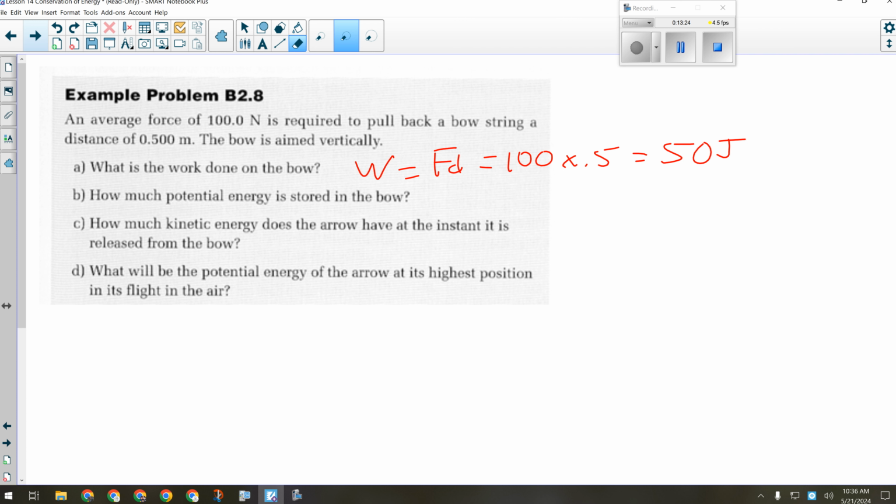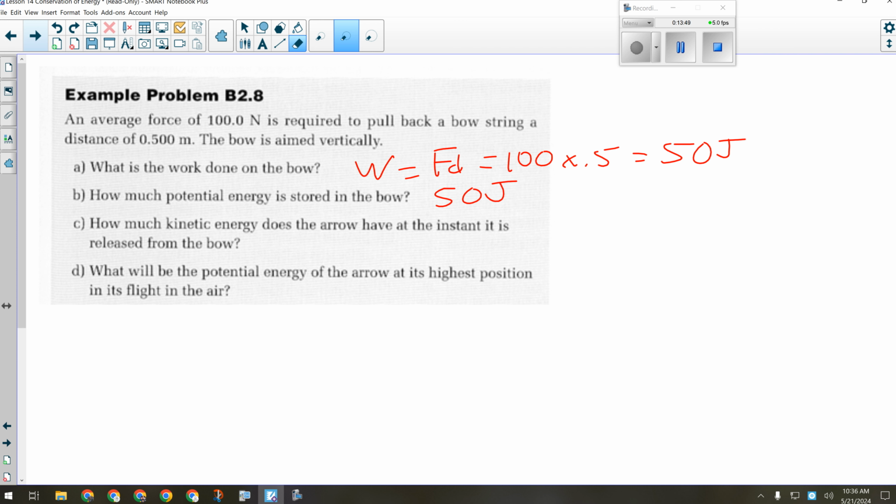So, how much potential energy is now stored in the bow? 50 joules. Not a trick question. I did work on the bow. That work has to turn into something. It is elastic potential energy in the bow. That's part of the conservation of energy part. Once you do work, that energy has to be accounted for.